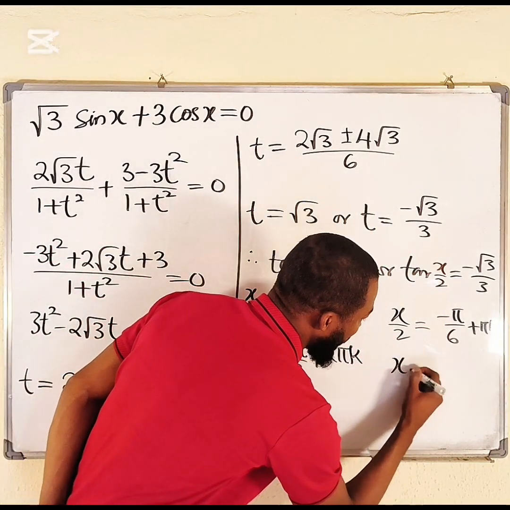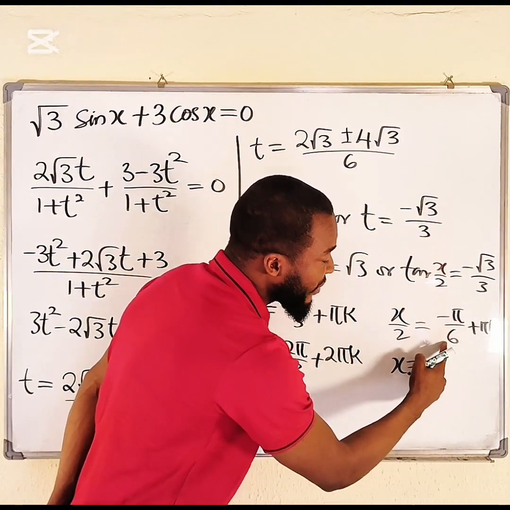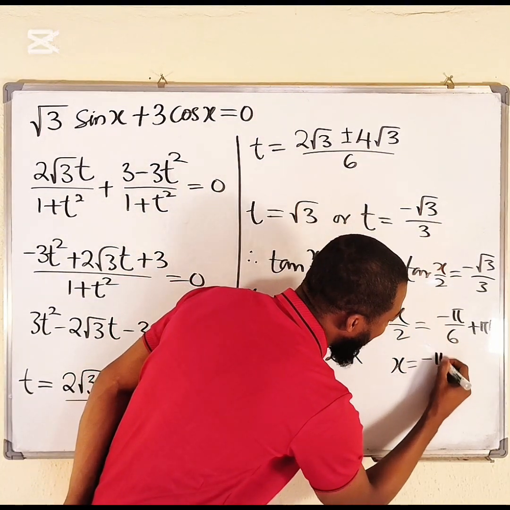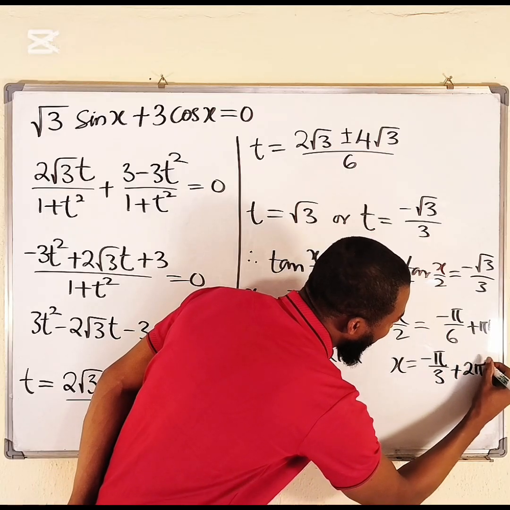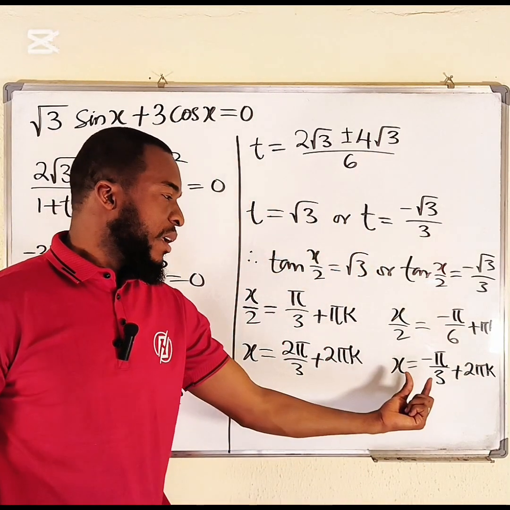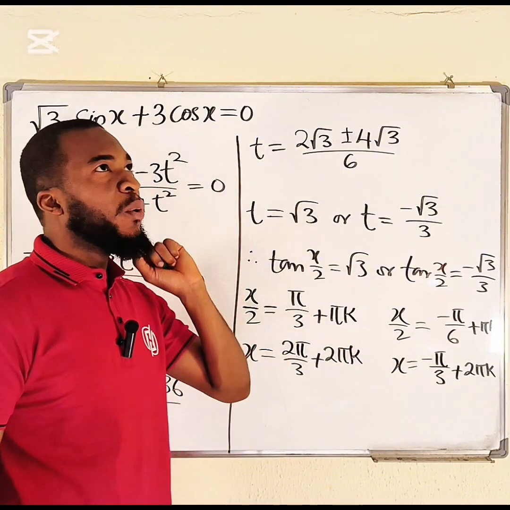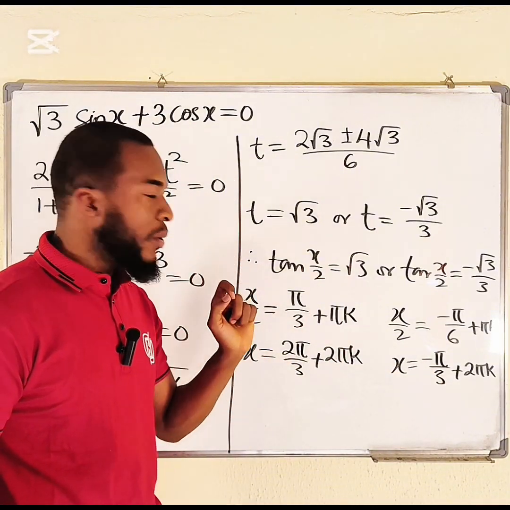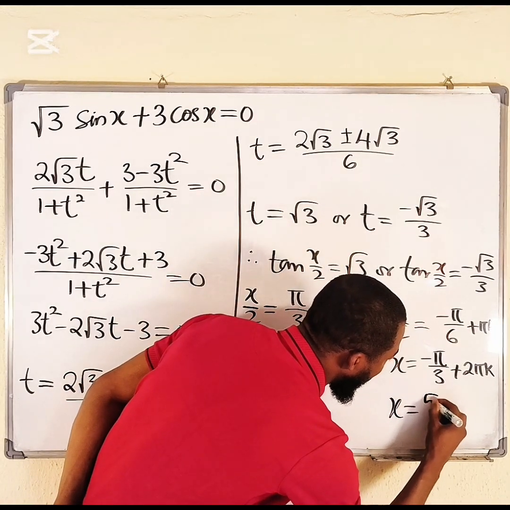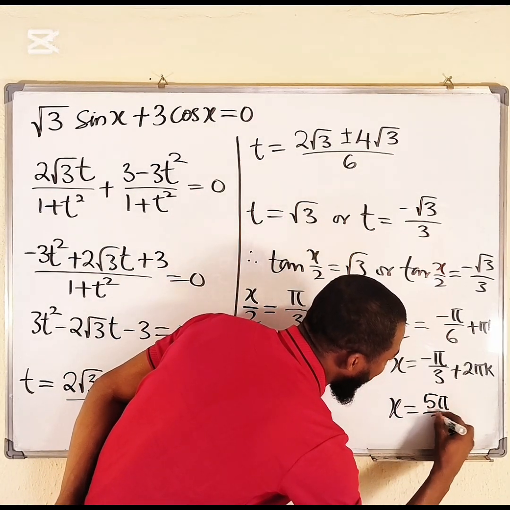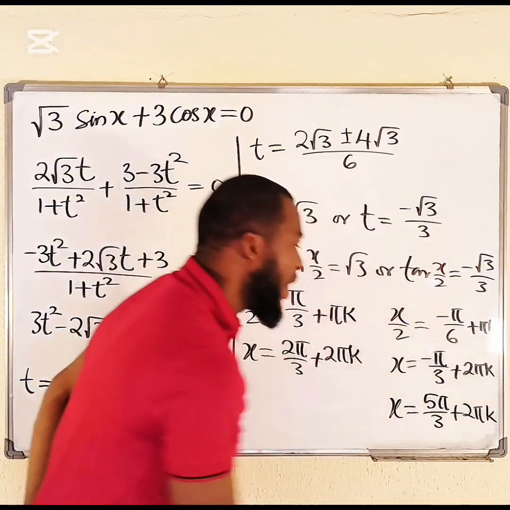So x here will be equal to 2 times this. 2 will go into 6 exactly 3 times, so we have negative pi over 30 plus multiples of 2 pi. And you can take the smallest positive angle here by adding 2 pi, and that will give us 5 pi over 30. So x is equal to 5 pi over 30 plus 2 pi k, for which k is an integer.